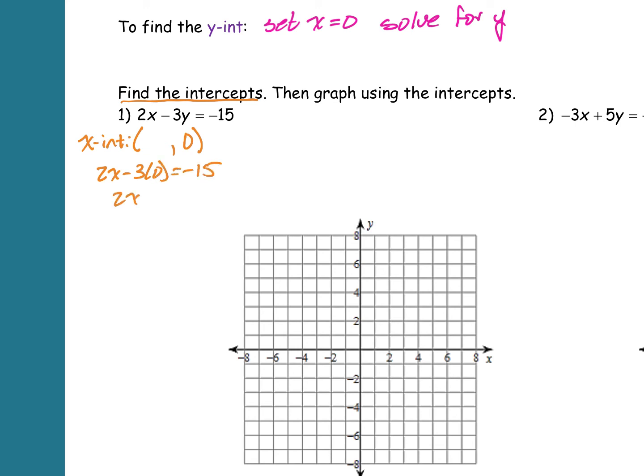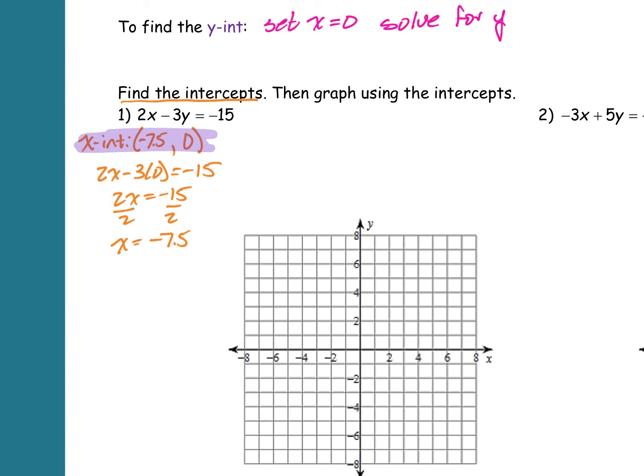Or 2x equals -15, because 3 times 0 is 0. Great. Then I divide by 2. And x is going to be equal to -7.5. So there's my x-intercept.